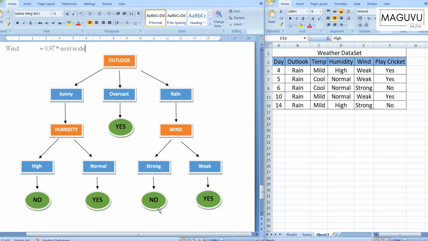We then look at the values. Wherever we have strong wind under rain, we cannot play, and wherever we have rain and the wind is weak, we always play. So this becomes our decision tree and the result of our calculation using the Shannon entropy, or the ID3 algorithm.